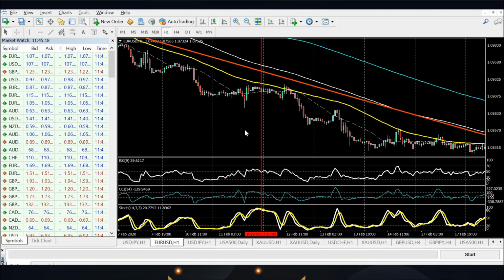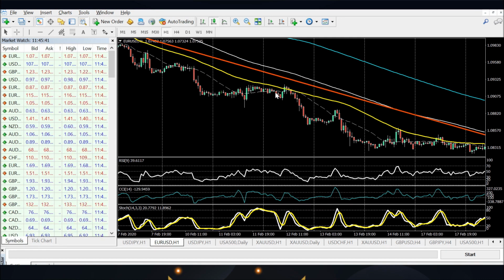So you can see that RSI, as usual, doesn't give you that many signals. But even though CCI and stochastics gave you overbought, I wouldn't really get in because price action is not really resting at any resistance level, any obvious resistance. It almost approaches 50, but it is not there yet.